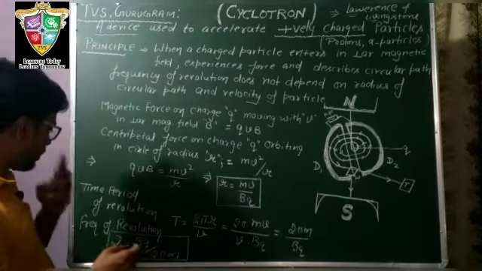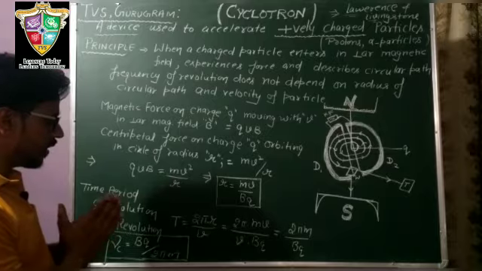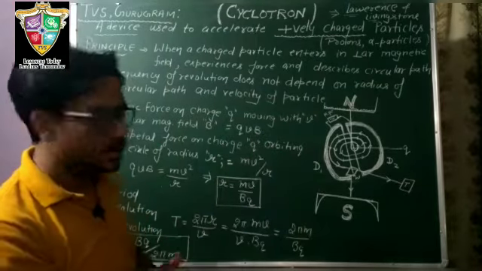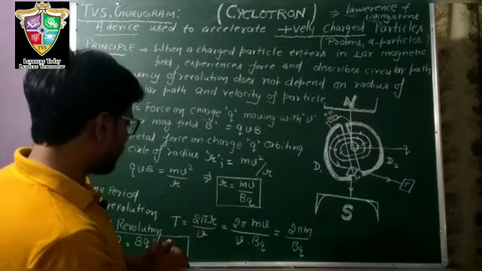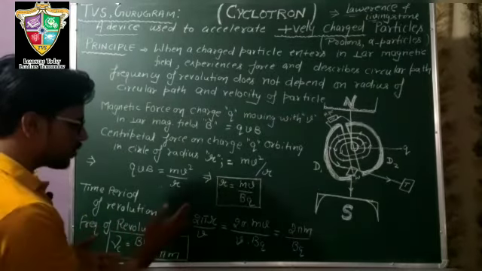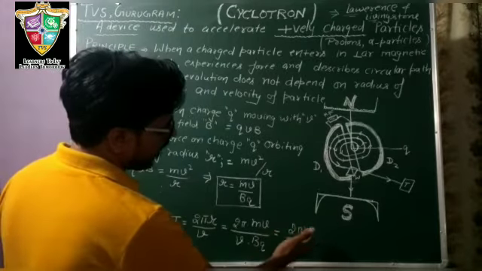If we calculate the time period of revolution in a complete circle of radius r, the charged particle covers distance 2 pi r with velocity v, so the time period is 2 pi r upon v, which we calculate as 2 pi m upon Bq.